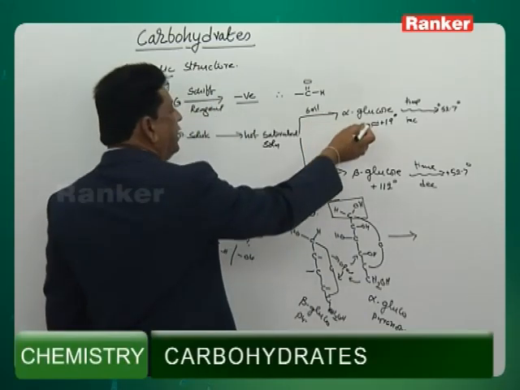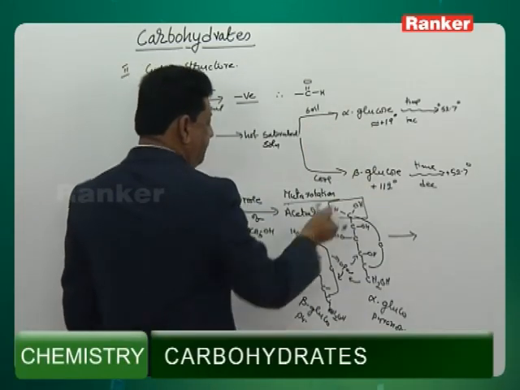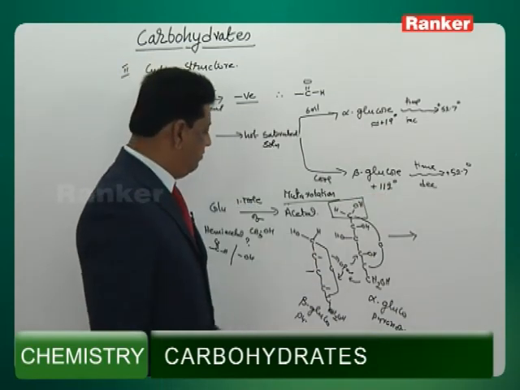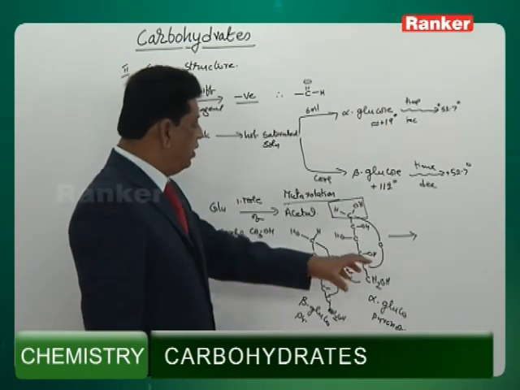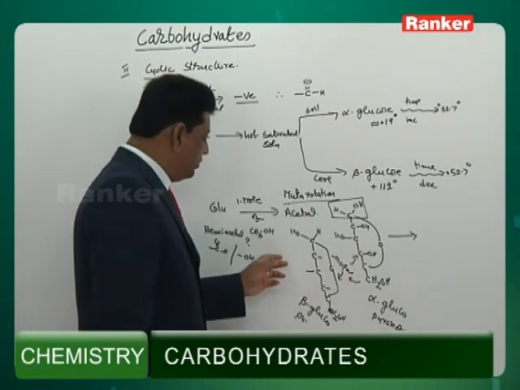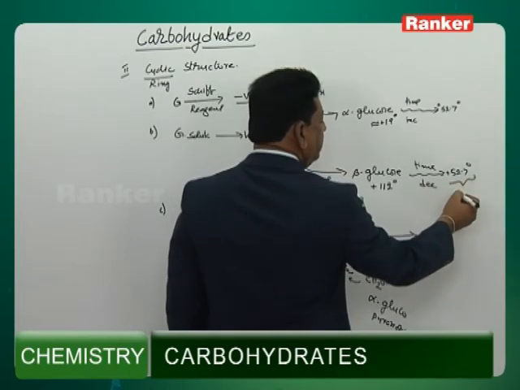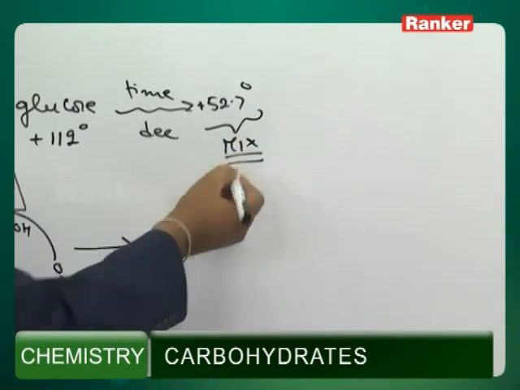That's why the two different forms show different optical activity values. When you prepare a fresh one, it shows 19 and 112, but when you put it into water, it becomes open, open becomes the other form, and a mixture results. So this +52.7 is the optical activity of the mixture.